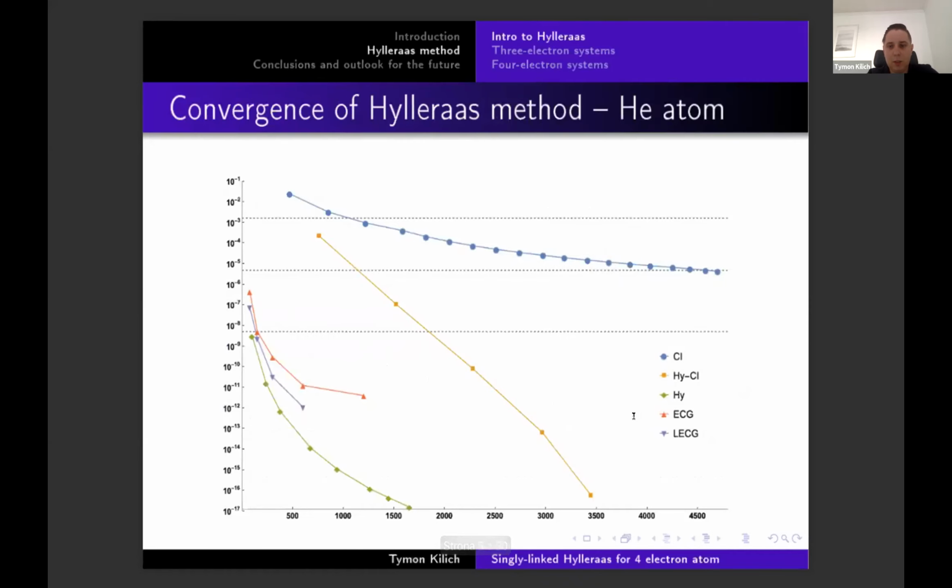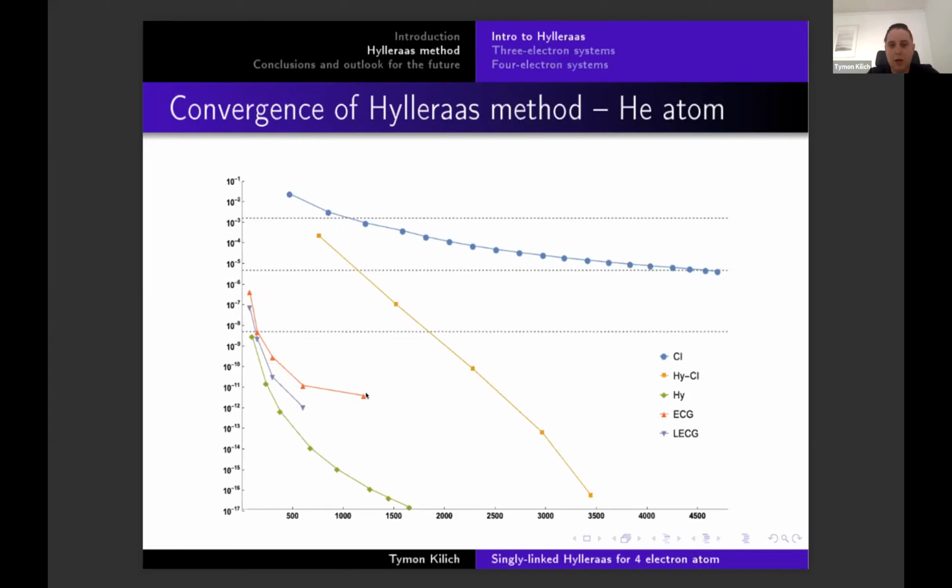So how does it look in practice? Here we can take a look at the convergence of the Hylleraas method and other methods for the helium atom, with the disclaimer that CI is a rough approximation of the convergence, it's not from an actual study because it depends on how you count the number of basis functions. But as we can see here, the Hylleraas CI, so the method that combines the traditional orbital-based approaches with the Hylleraas method, is here.